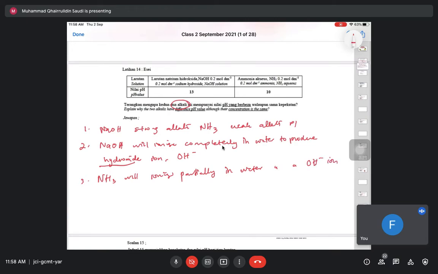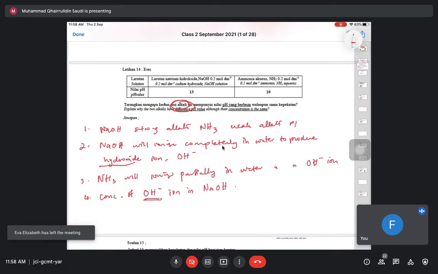And then we talk about the concentration of hydroxide ion, because we are talking about alkali. So this is just the difference between alkali and acid. Hydroxide ion in which alkali? Sodium hydroxide.